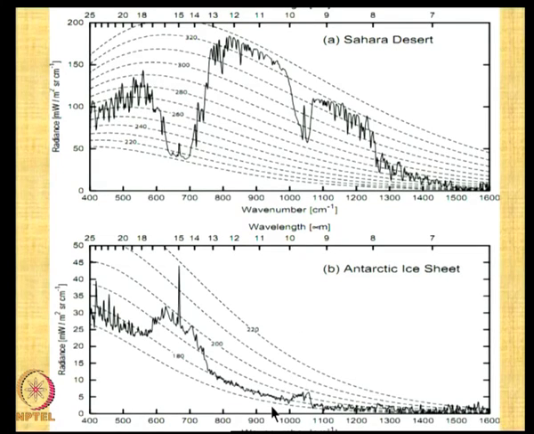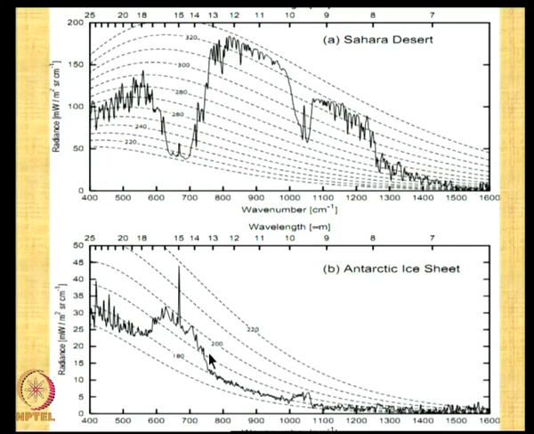And here we compare the difference between Sahara desert and Antarctic ice sheet spectra as seen by satellite, and you see that the carbon dioxide dip you see here in Sahara is seen as a rise.